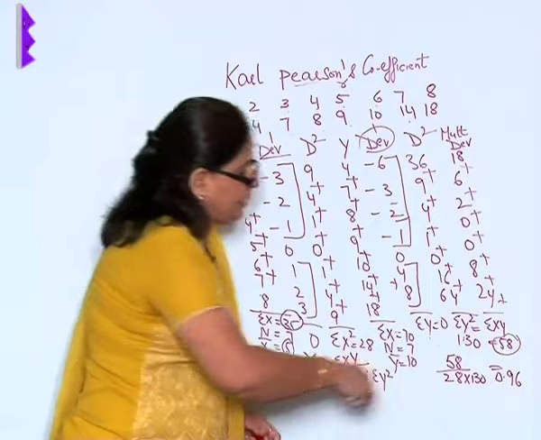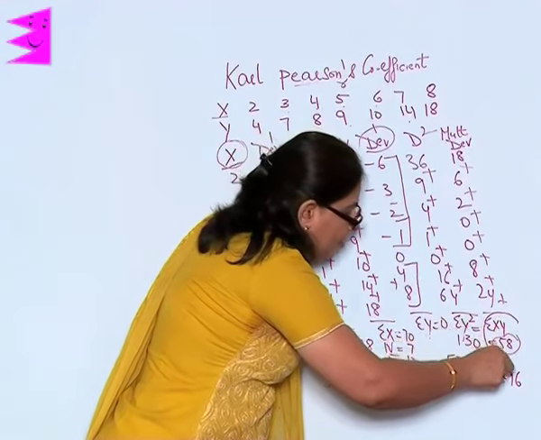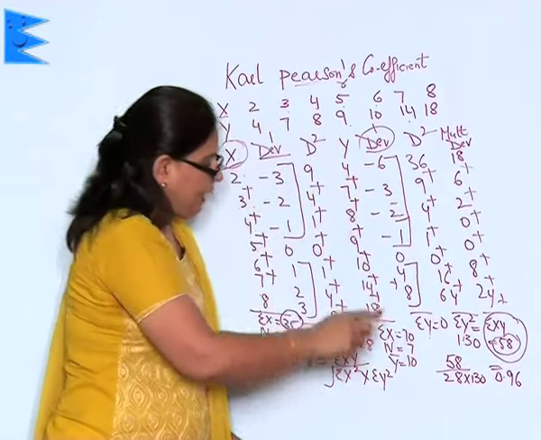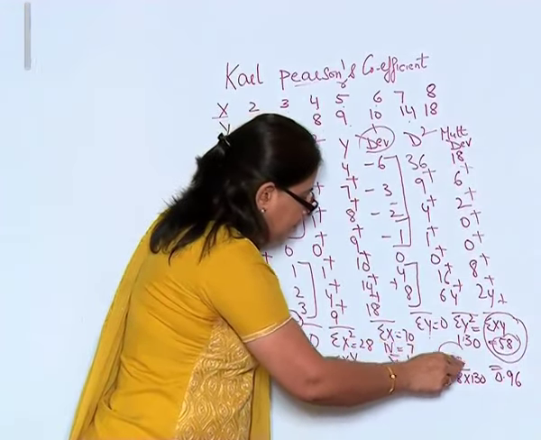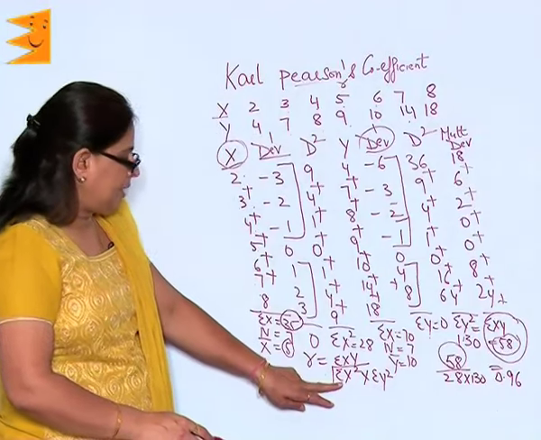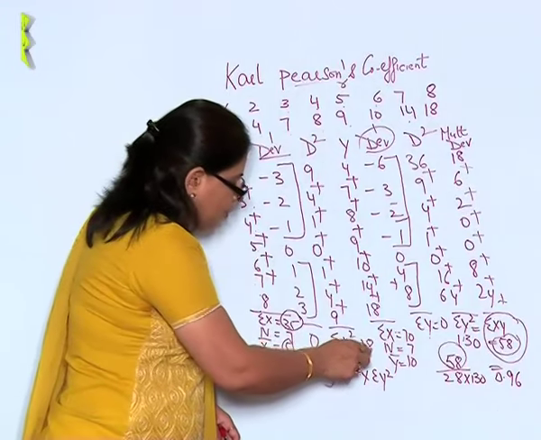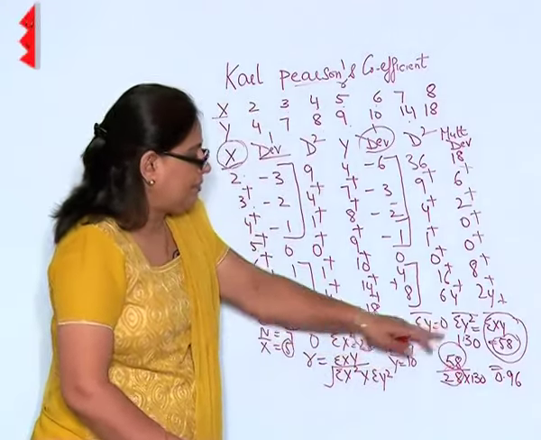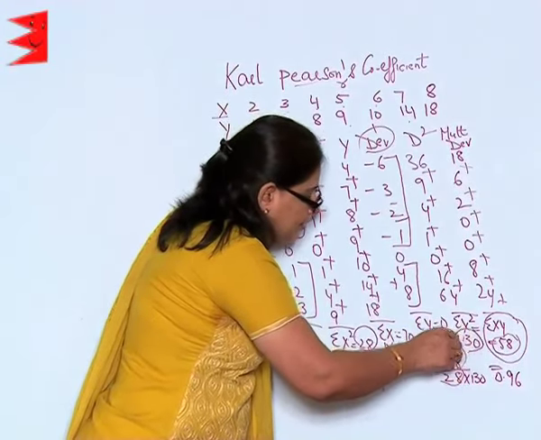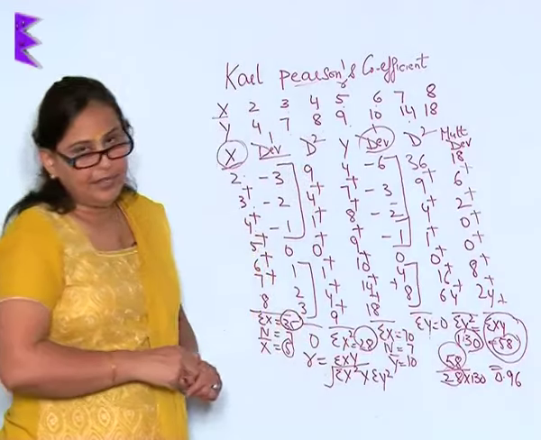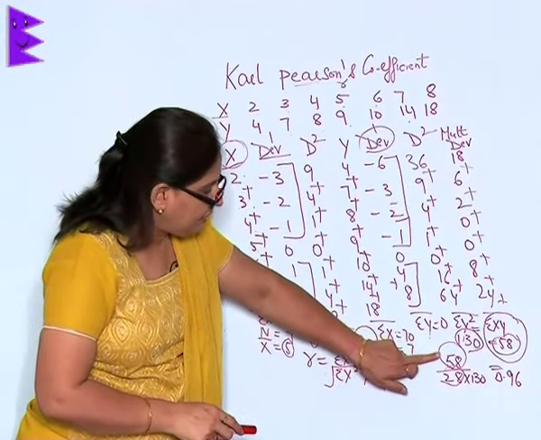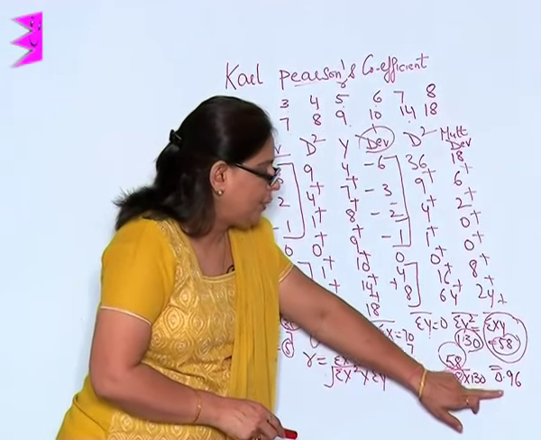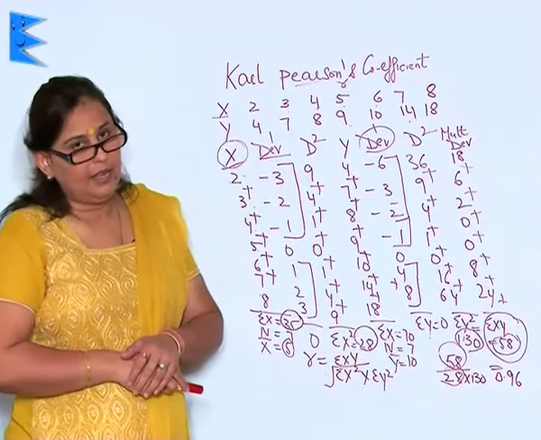Sigma xy is this last figure that I have drawn by multiplying both the deviations of x and y, which is 58. Then I have to get sigma x square. Sigma x square is 28, so I write 28, and my sigma y square is 130. So this is 58 upon 28 into 130, giving me 0.96 as the answer.